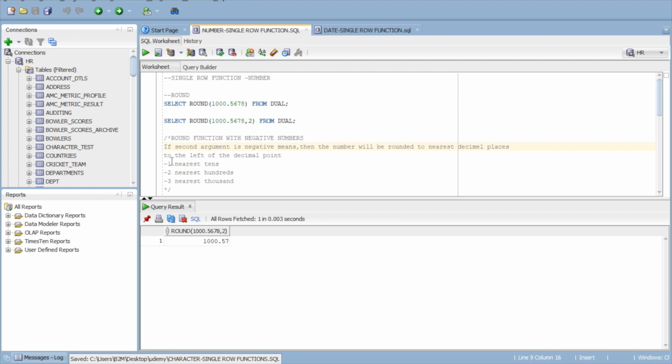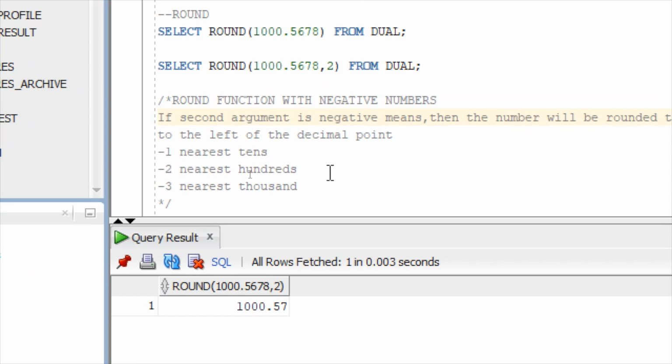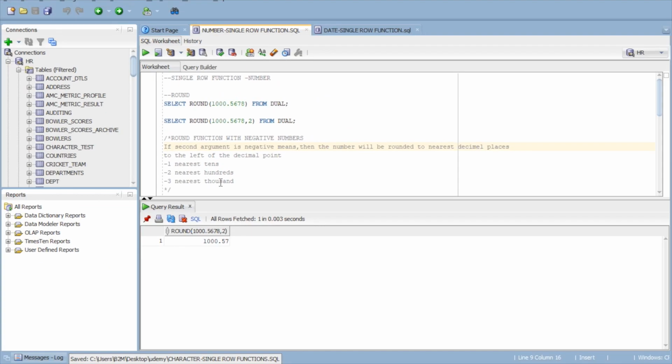If my second argument is -1, it will round to the nearest 10. If it is -2, it will round to the nearest 100. If it is -3, it will round to the nearest 1000. Now we're going to see examples based on this.